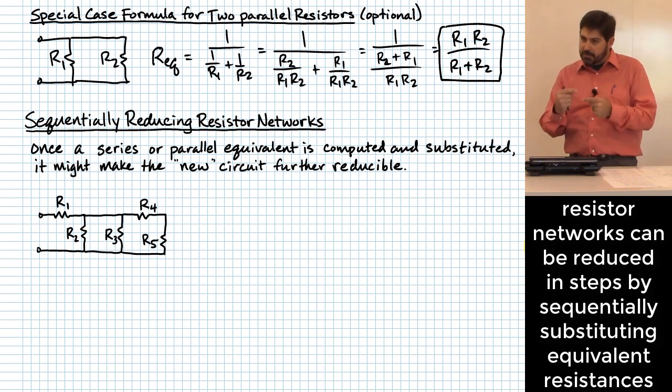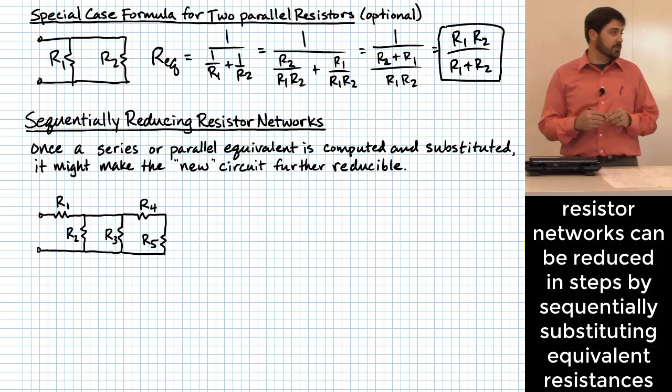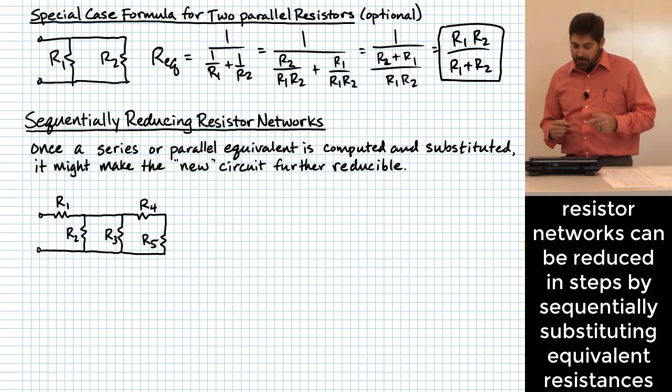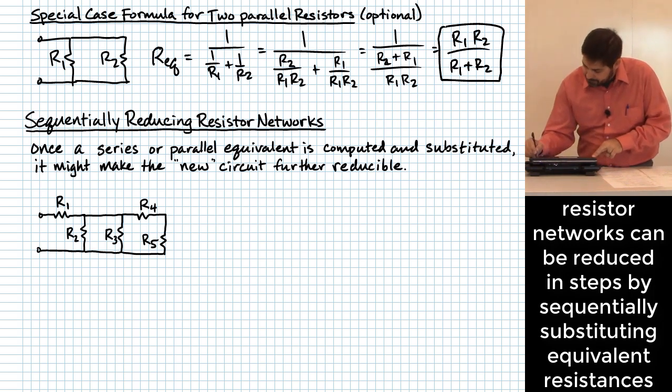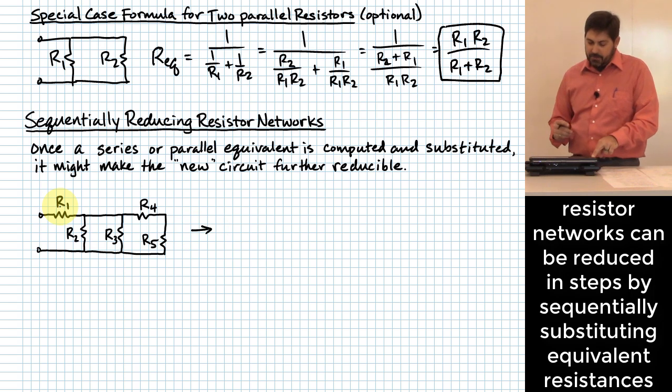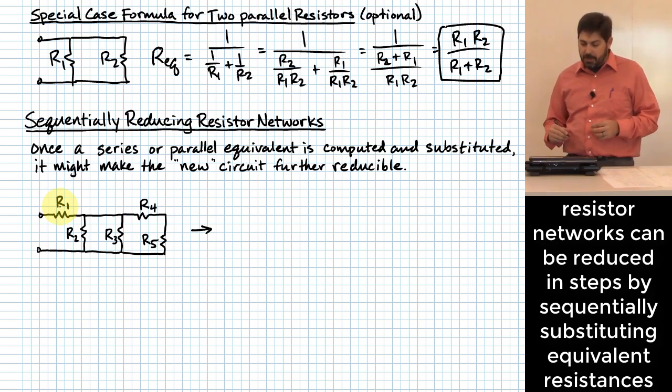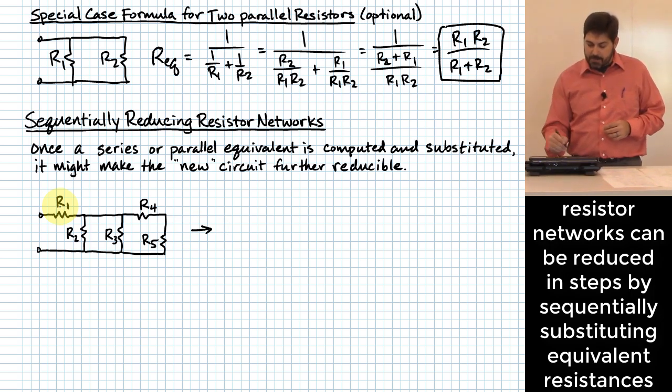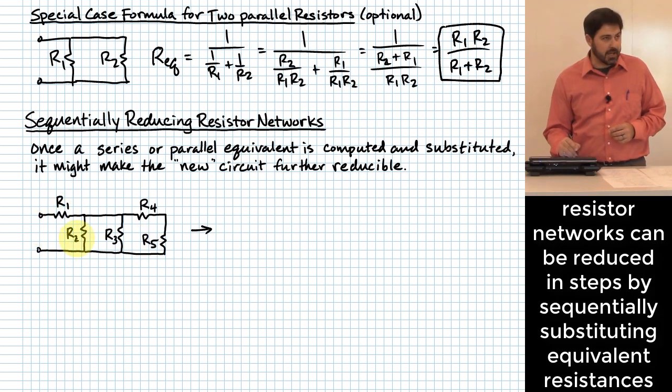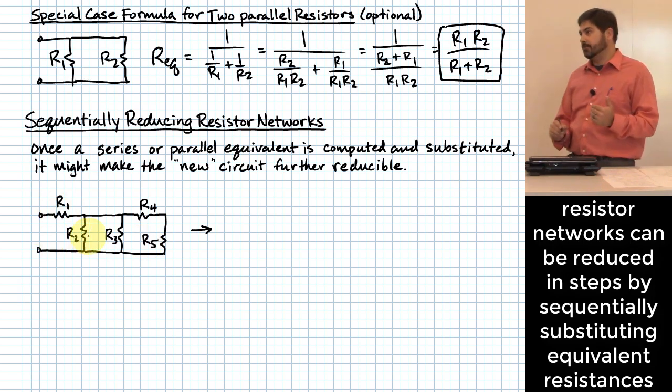We can sequentially apply these reduction techniques until we get it down to perhaps even just one resistor. Okay? Here I'm doing this with just variable values, not actual numbers. What would the first step be if you wanted to take a network like this and start reducing it down? What would you do first?